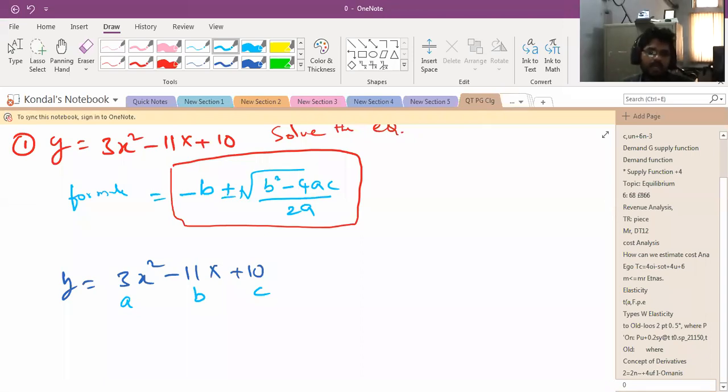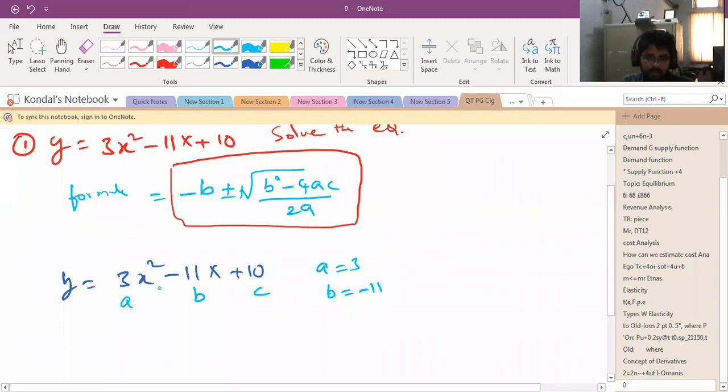So here the a value will be 3, b value will be minus 11, c value will be 10. So you can also write a is equal to 3, b is equal to minus 11, and c is equal to 10. Here we need to find their coefficients along with the sign.